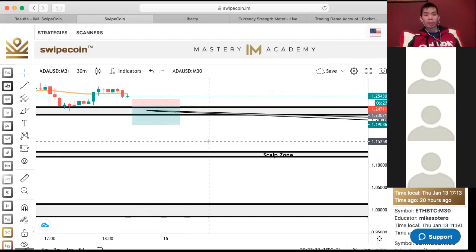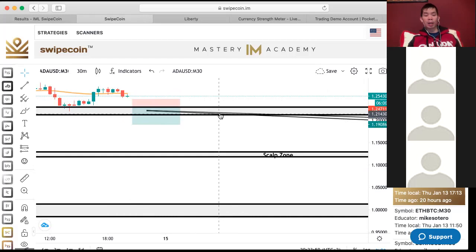So there's my zone. Here I'm going to enter the numbers for you guys. Your stop loss is 1.247 and your take profit is 1.19086.